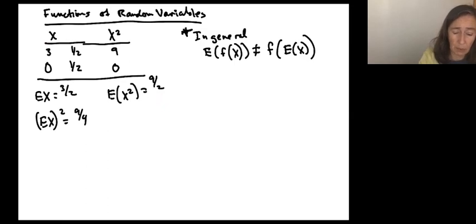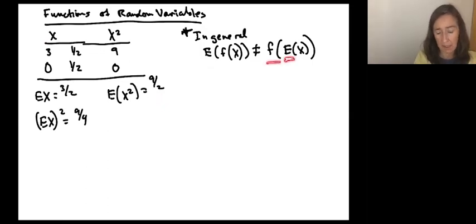So it matters whether you take the expected value first. Actually, taking the expected value first would put it inside the parentheses. Take the expected value, get a number, and plug that into the function. That'll give you one number that's not necessarily the same thing as applying the function to the random variable and then taking its expected value.